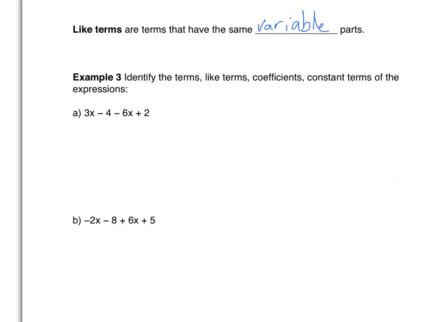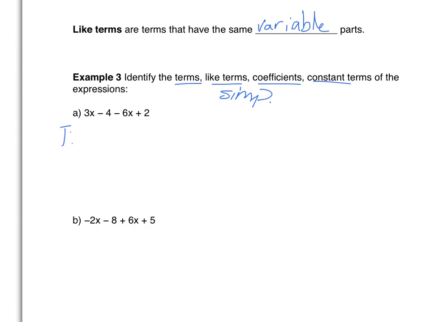So we actually have a couple like this in our homework where it's very simple. We are given an expression that looks like A or B, and what we have to do is identify terms, like terms, coefficients, and constants, and it may even say to simplify when you're finished. So make sure that you do all those parts. So what I'm going to do here is start by just listing out and writing out these different abbreviations.